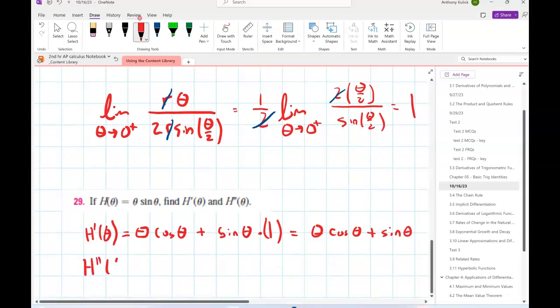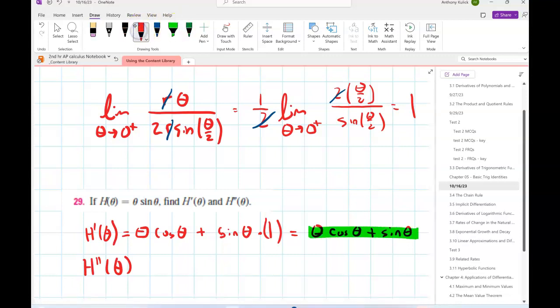And then the second derivative is just the derivative of the first. So again, theta cosine theta is another product rule. Yes. That's just times 1? Yeah. Okay.